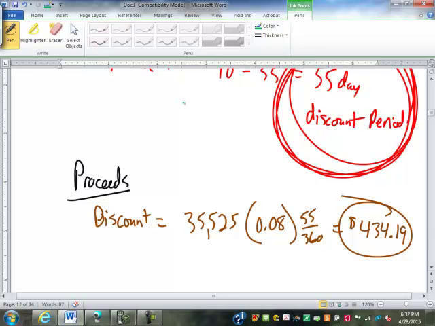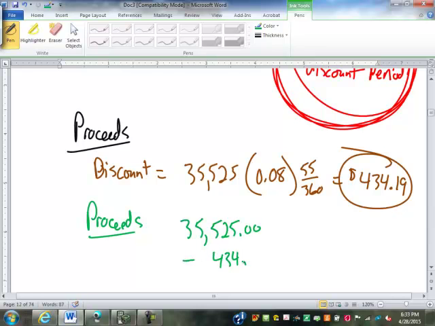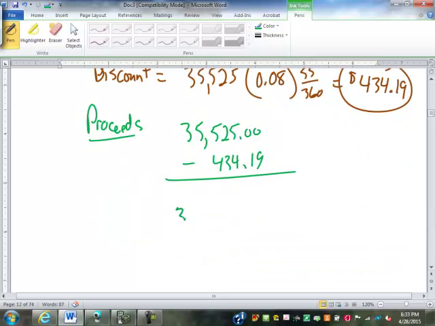What do you think? I'm not done yet. What do we need to do yet? We got the 35,525 minus 434.19, which will give us $3,590.